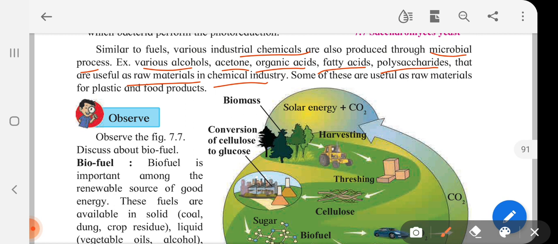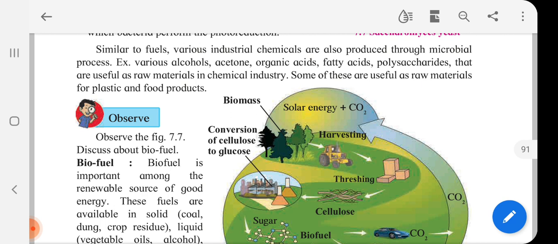Some of these are useful as raw materials for plastic and food products. So not only fuels, various industrial chemicals like alcohol, acetone, organic acid, fatty acids, which are used as a raw material, are also obtained through microbial processes.